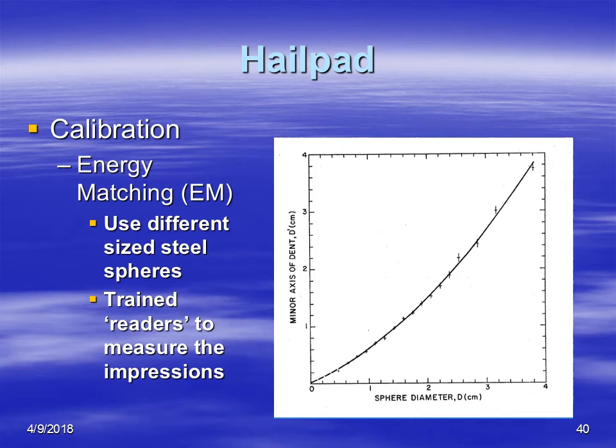So you use different steel spheres, drop them on a hail pad, measure their minor axis, and then compare that to the actual sphere itself. So the minor axis, the dent that's left by the spheres, is going to be smaller than the actual diameter of the steel spheres that you dropped.